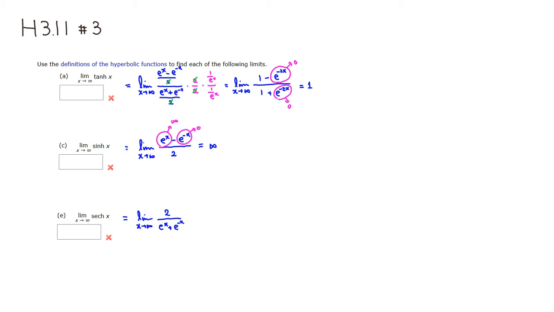As x approaches infinity, e to the negative x approaches 0, but e to the x approaches infinity. So we have 2 over infinity, which is 0.